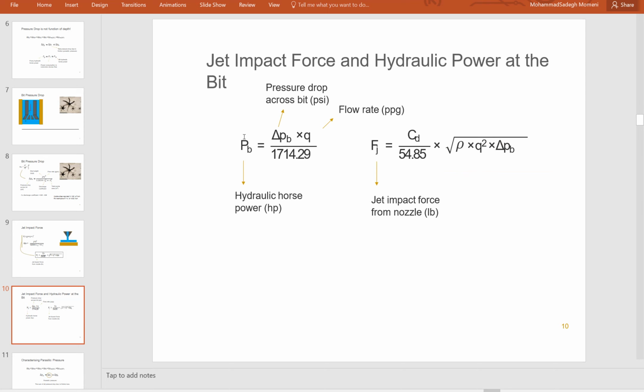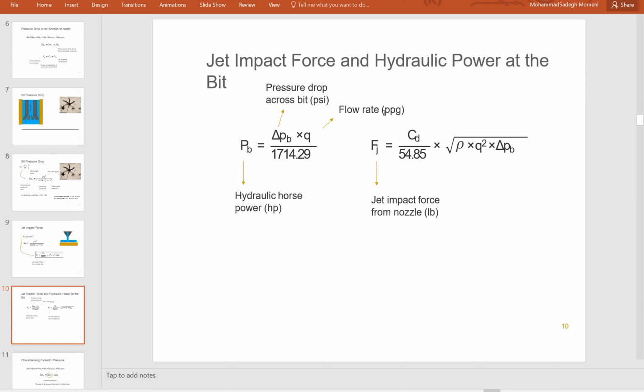Another equation that we need to know is the hydraulic horsepower. The hydraulic horsepower is equal to the pressure drop in the bit multiplied by the flow rate divided by this constant value, to convert the PSI and the flow rate to hydraulic horsepower.